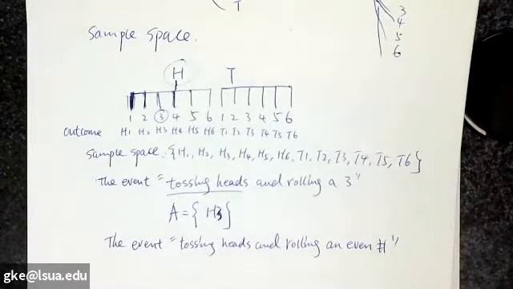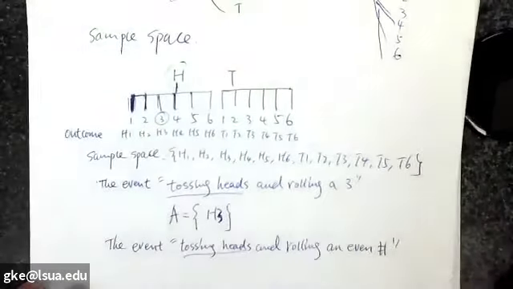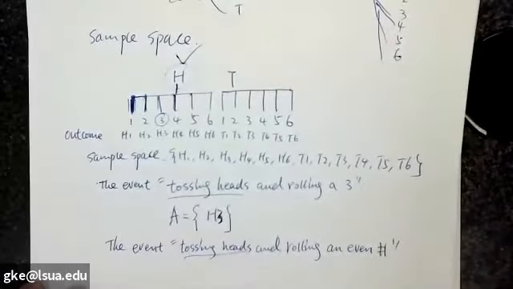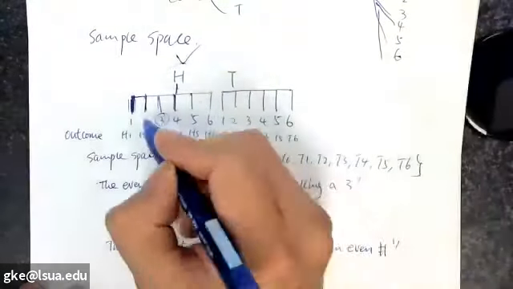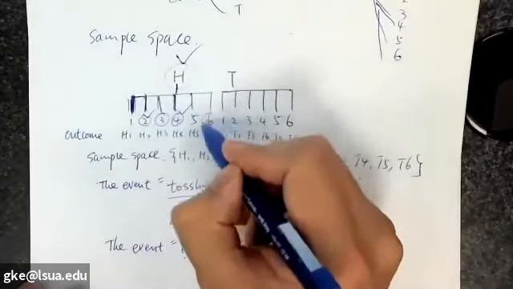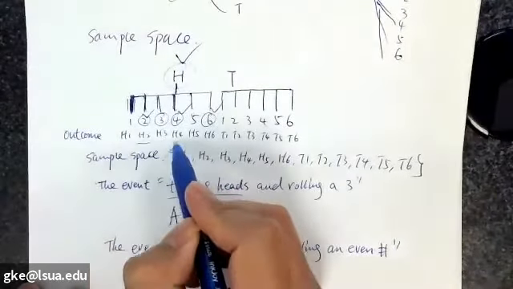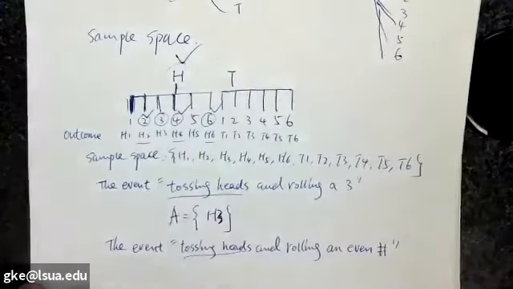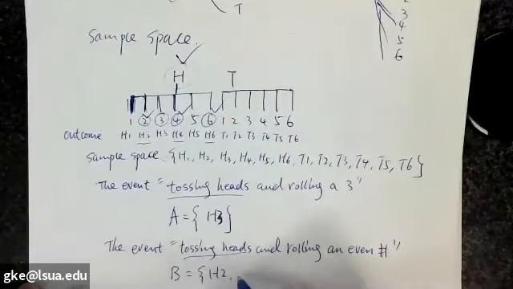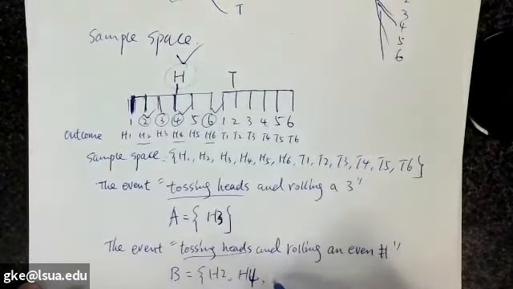Okay, I'm going to write down the answer for you. Tossing heads means H. An even number means 2, 4, 6. So the outcomes are H2, H4, H6. You just write them out.